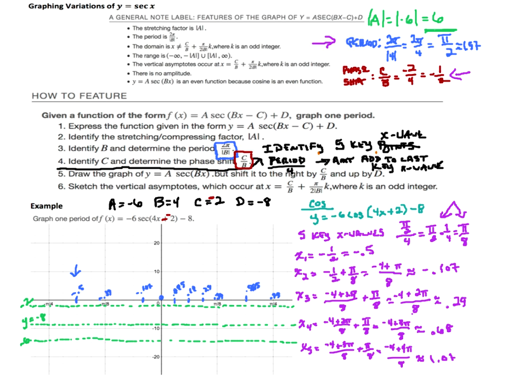All right. So why do we need to know where all of these key points or key x values are? It's so that we can start crafting that cosine function that gives us the reciprocal secant function that we craft off of.